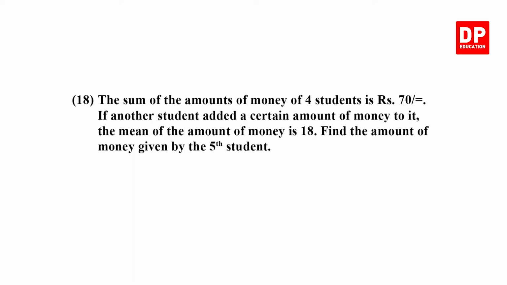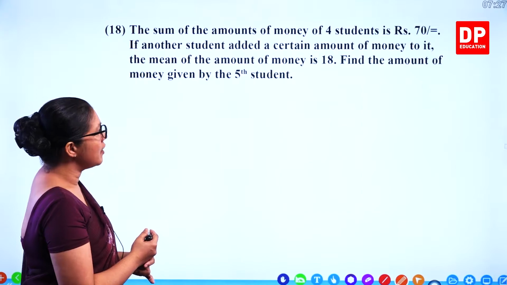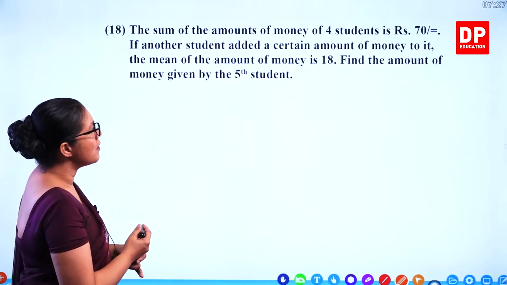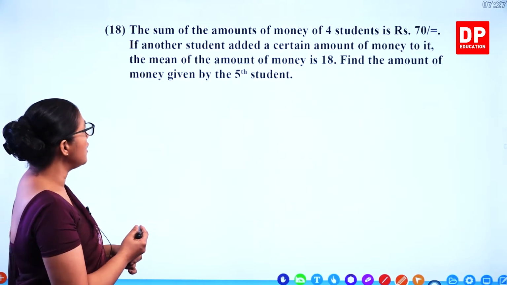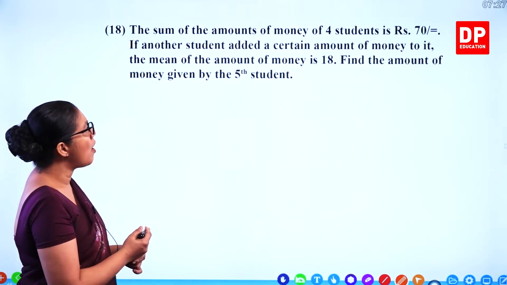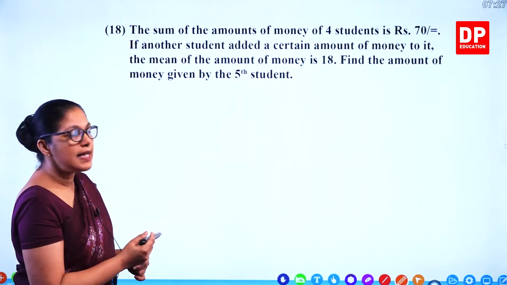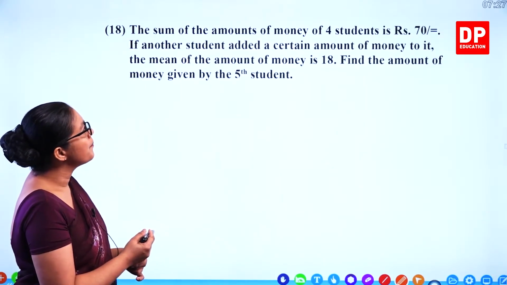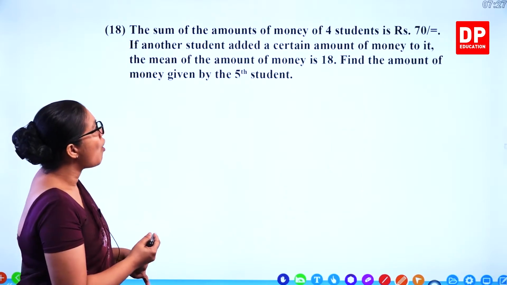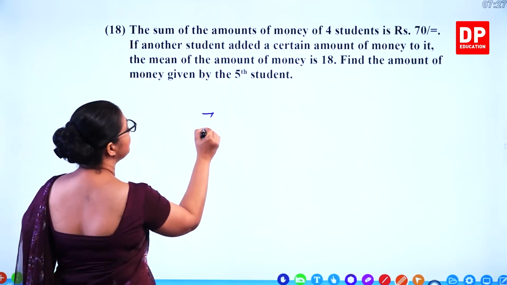Question number 18. The sum of the amounts of money of 4 students is 70 rupees. If another student added a certain amount of money to it, the mean of the amount of money is 18. Find the amount of money given by the 5th student. So the total of 4 students is 70.